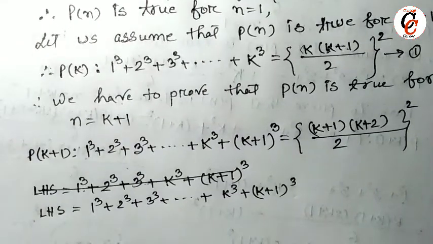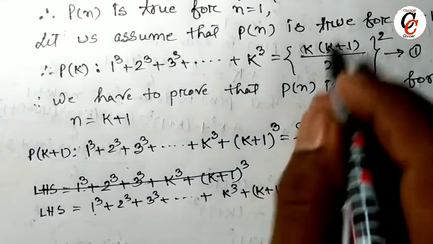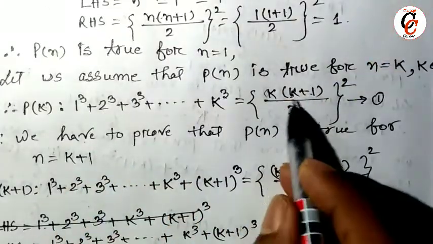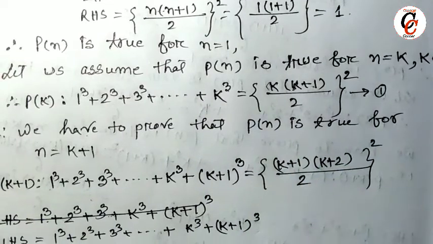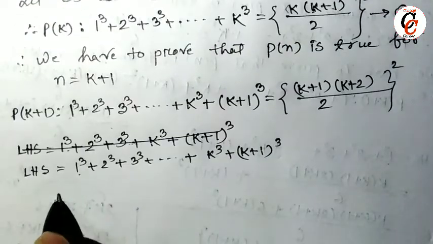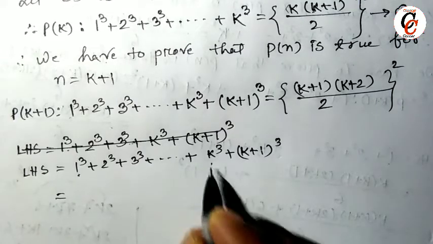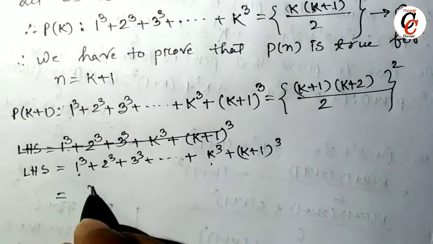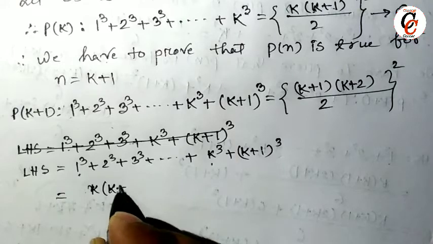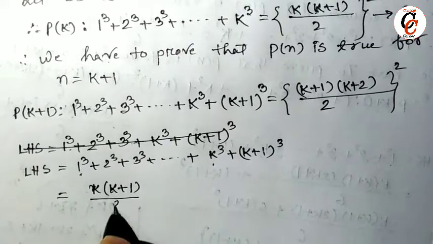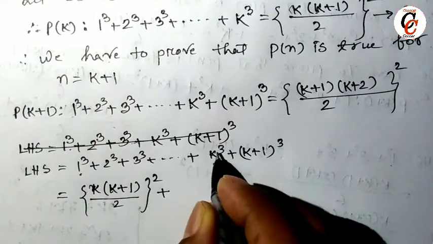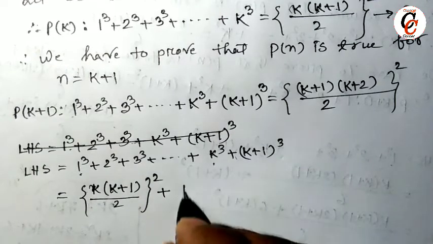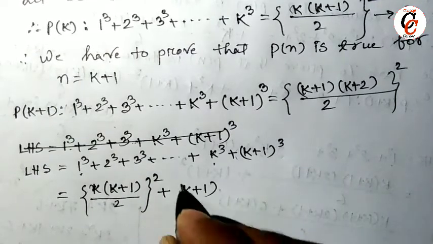Now see, from 1 cube to k cube, the value is k into k plus 1 by 2 whole square. So we have to put for 1 cube to k cube the value k into k plus 1 divided by 2 whole square, and plus one more term is there, k plus 1 whole cube.